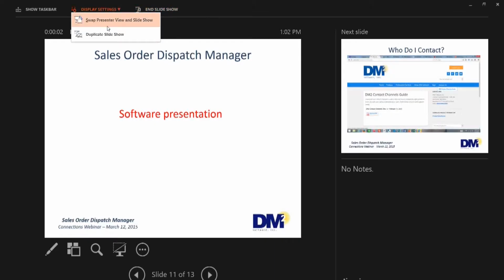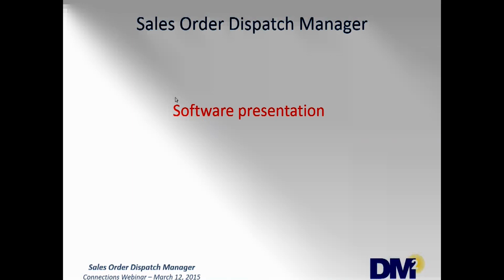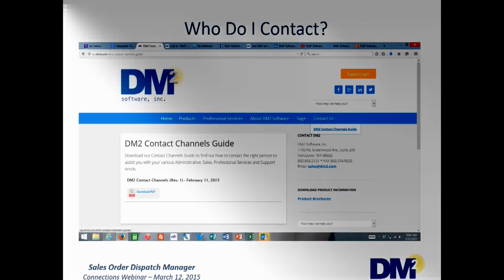Before we get into the Q&A portion of today's webinar, I would like to bring one thing to everyone's attention. From time to time, we get calls, and people just don't know who to go to within DM2 for a question regarding their maintenance or their upgrade. So we've put together a DM2 contact channels guide and put that up on our website.